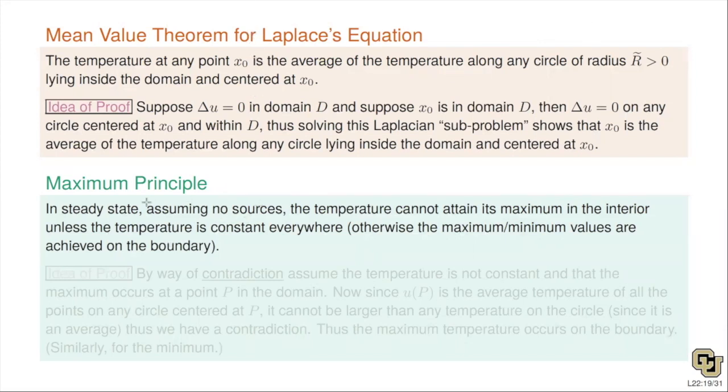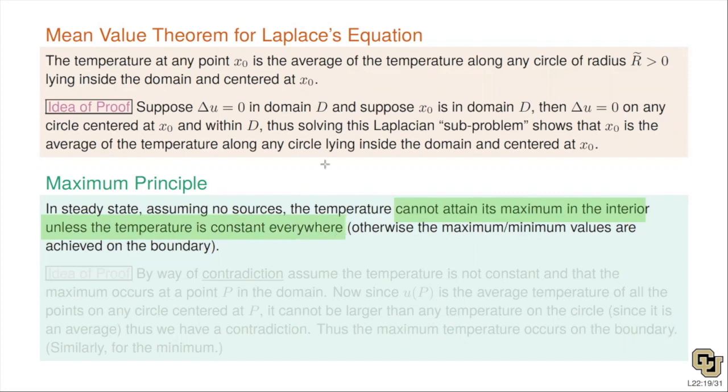So here we go. Let's read it again slowly. In steady state, assuming no sources, the temperature cannot attain its maximum or minimum in the interior, unless the temperature is constant everywhere.